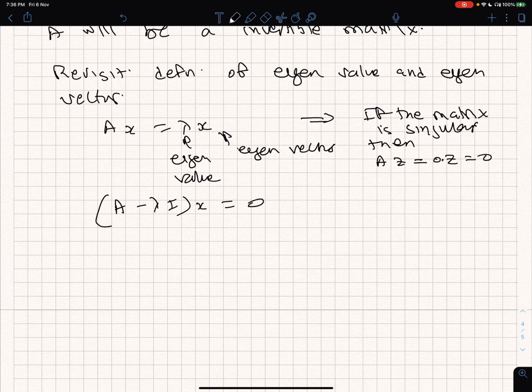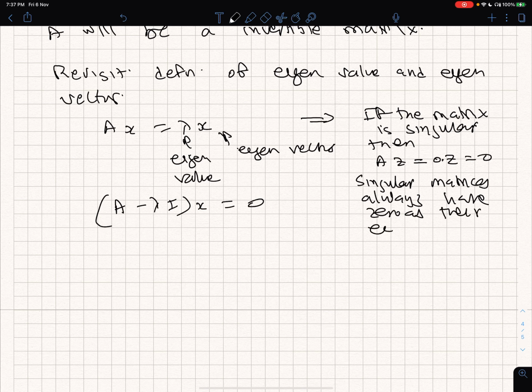So therefore singular matrices always have 0 as their eigenvalue.